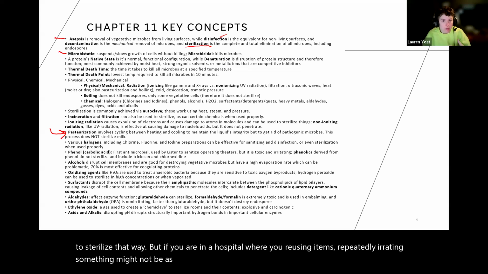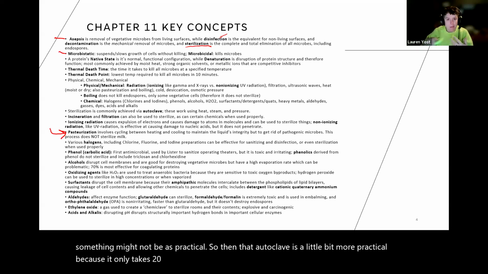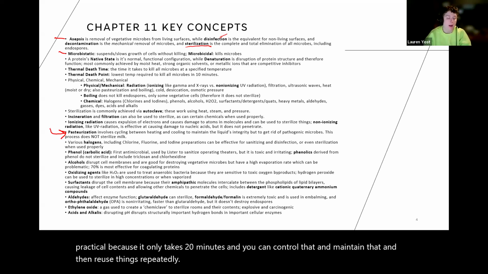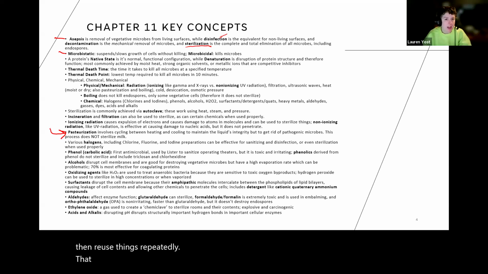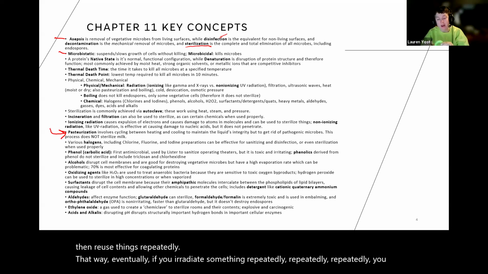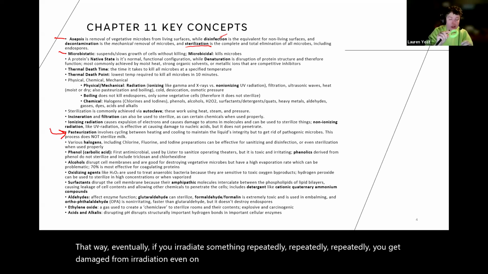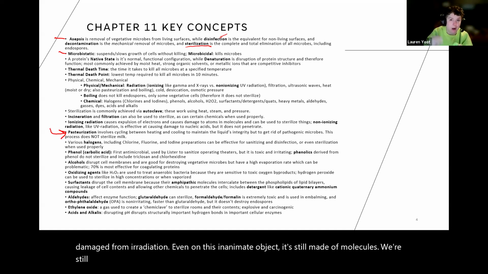So then an autoclave is a little bit more practical because it only takes 20 minutes and you can control and maintain that and then reuse things repeatedly that way. Eventually, if you irradiate something repeatedly, you get damage from irradiation even on this inanimate object. It's still made of molecules. We're still causing ions by shooting it with our ionizing radiation.